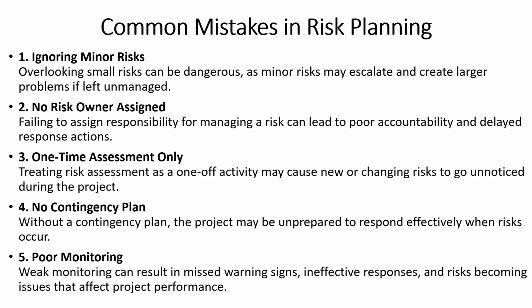Even when risks are identified and responses are planned, weak monitoring can cause warning signs to be missed and risks to develop into issues. So the message here is simple. Good risk planning is not only about using the right tools, but also avoiding these common mistakes. Because even a well-designed risk plan can fail if it is poorly managed in practice.